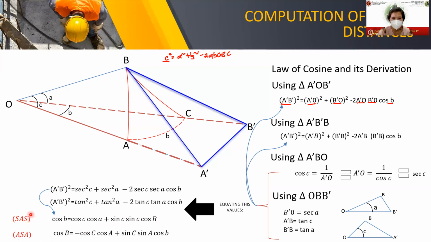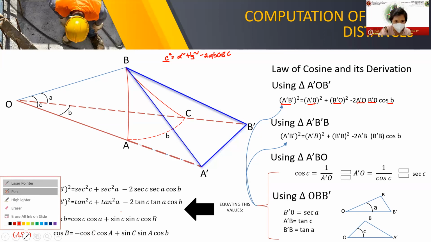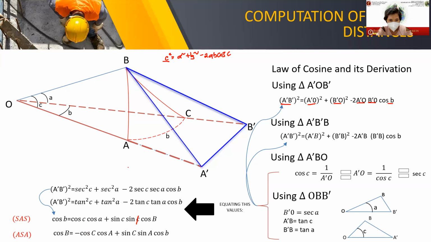For the side angle side, you compute the value of the side, and for angle side angle, we compute the value of the interior angle of the spherical triangle. This is cosine C, cosine A. Take note for the correction, this is sine A.